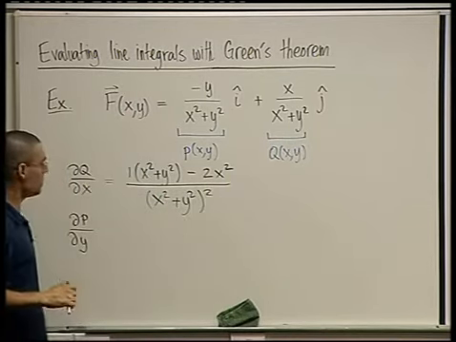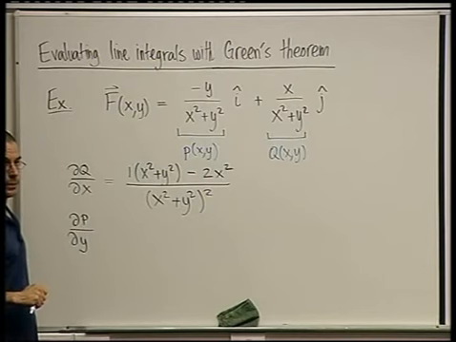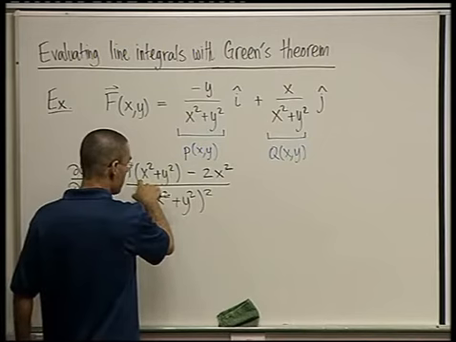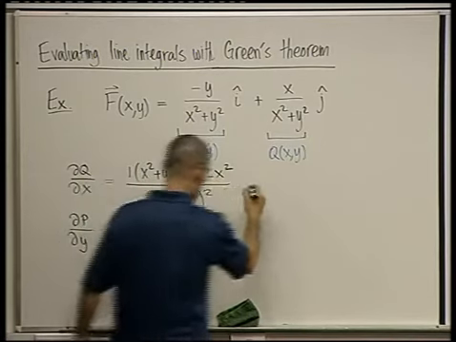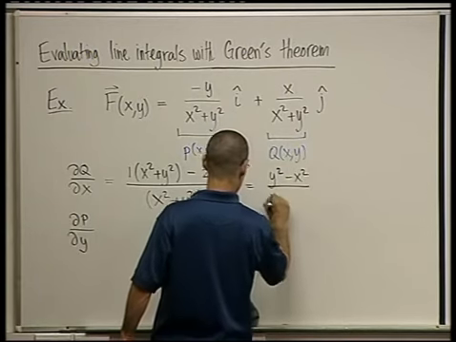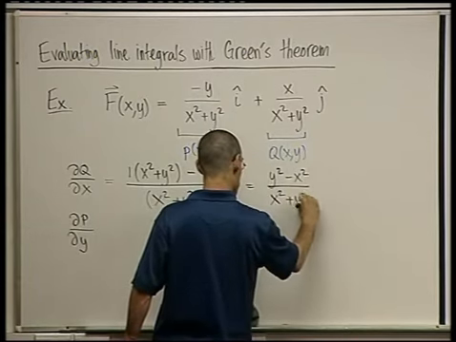Do you agree that this is dQ/dx? And we can simplify things a bit. We have an x squared here minus 2x squared, so we can write it as y squared minus x squared divided by x squared plus y squared, squared.